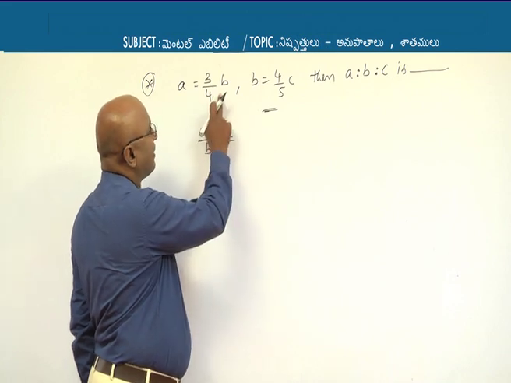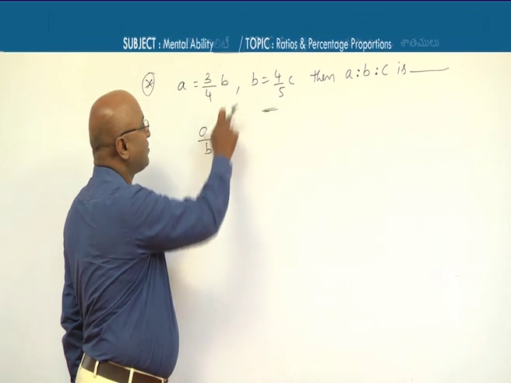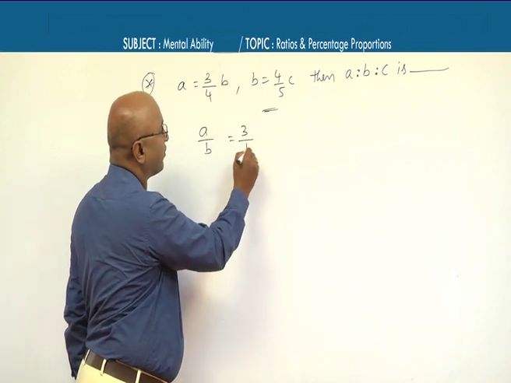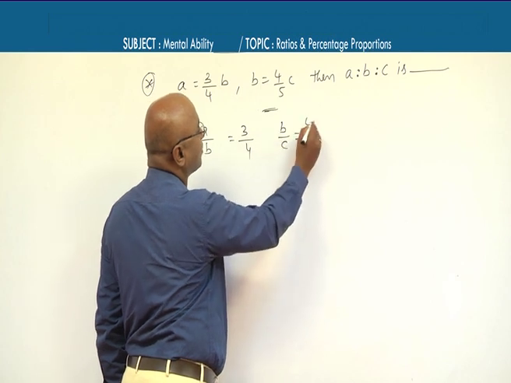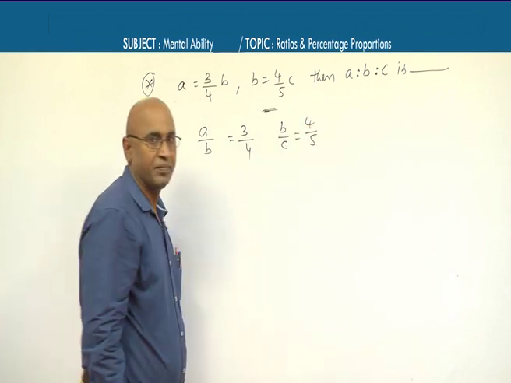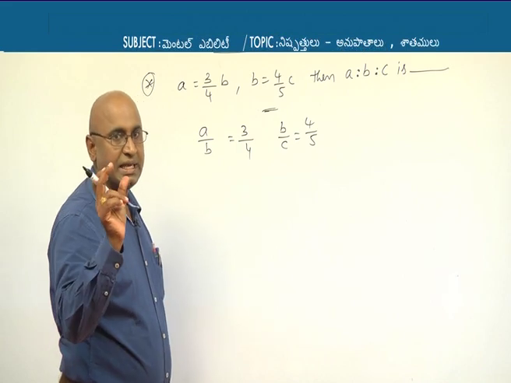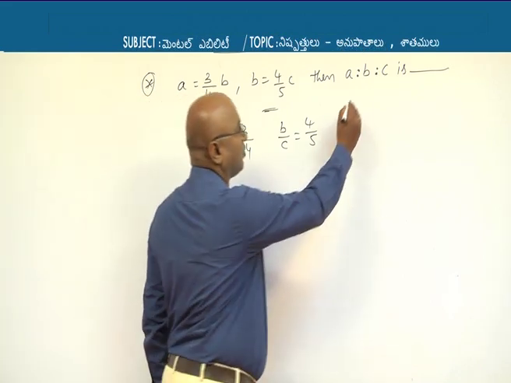Here, A is equal to 3 by 4 B, so A by B is equal to 3 by 4. Similarly, B by C is equal to 4 by 5. Now, in order to find A is to B is to C, there is a formula.